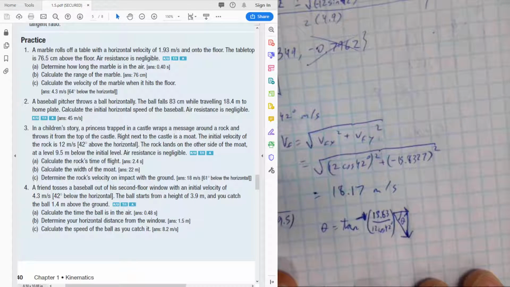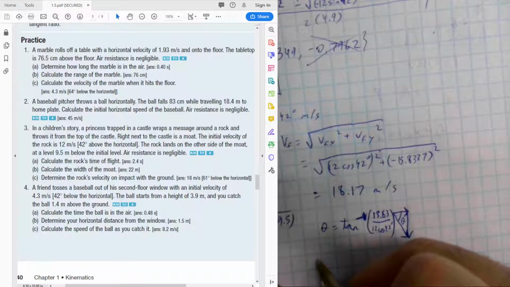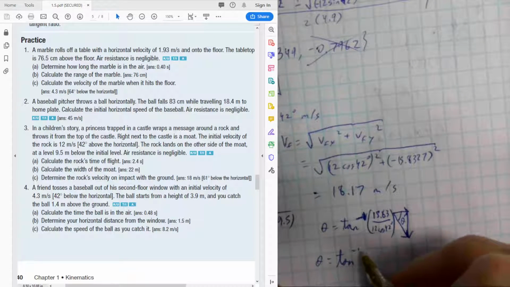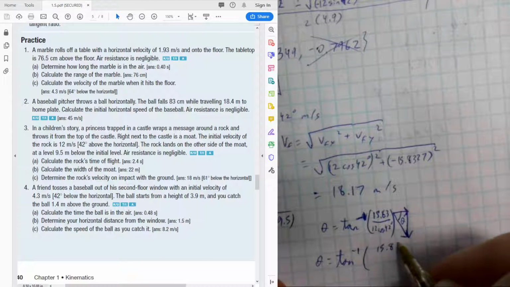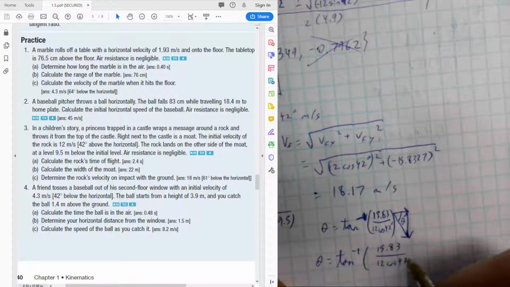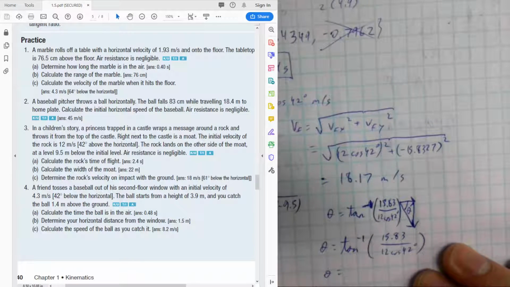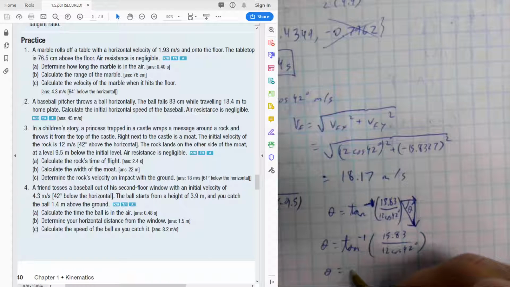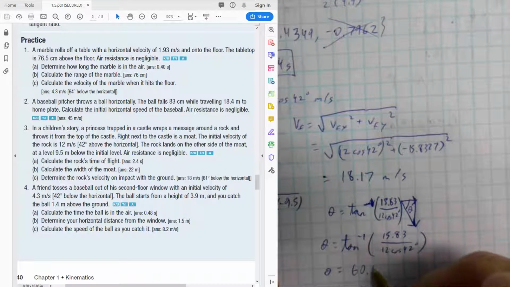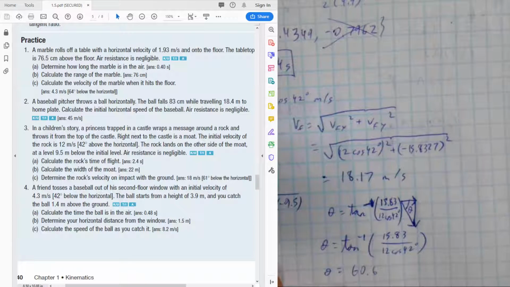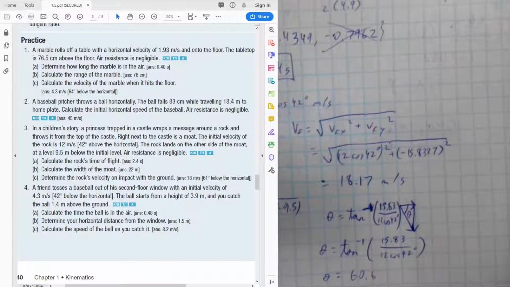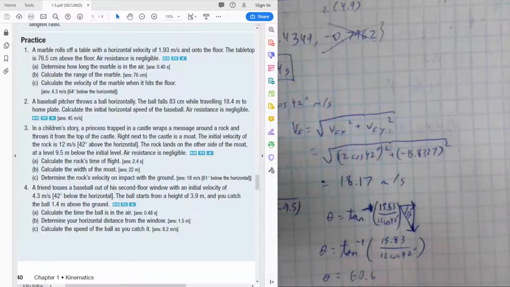Sorry, I'm running out of space here. That ends up becoming about 60.6. Let me just recalculate that. Yep, 60.6, which becomes 61 degrees.